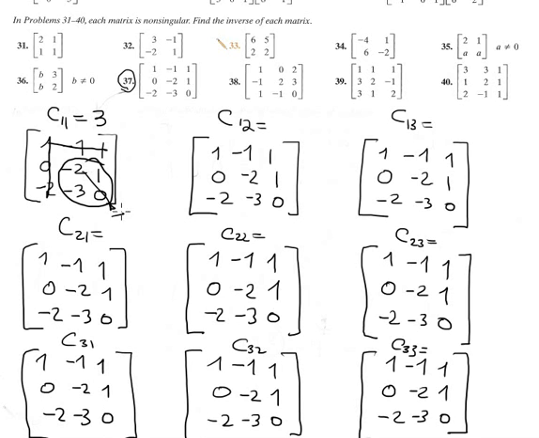Okay, remember this is plus, this is minus. Double minus is positive. Cofactor 1, 2. Factor 1, 2 is you delete this and this. Then you have 0 and negative 2 is negative 2.